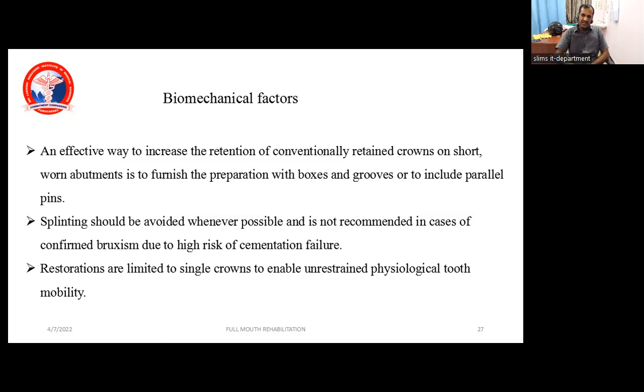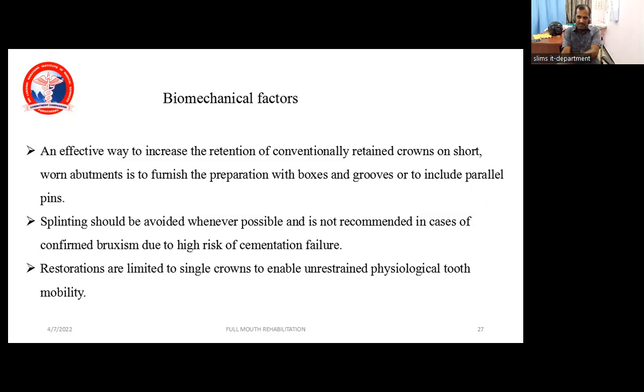The next area of concern is splinting. Occlusal splinting should be avoided whenever possible, and it is not recommended in case of confirmed bruxism due to high risk of cementation failures.